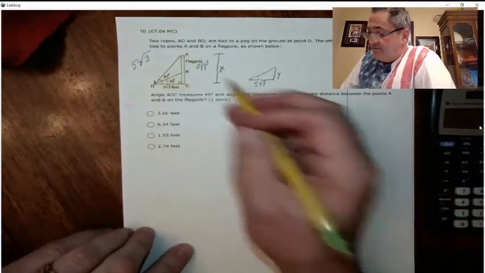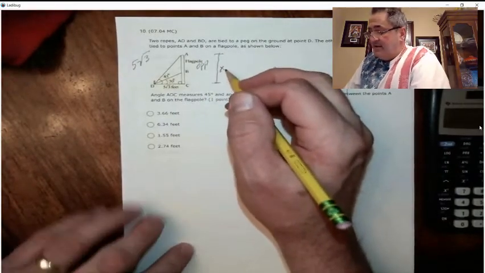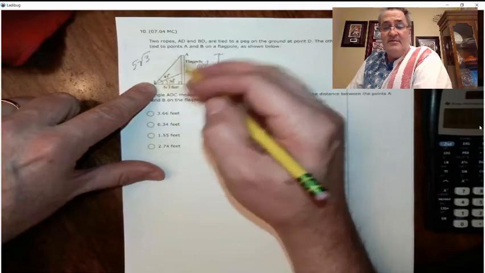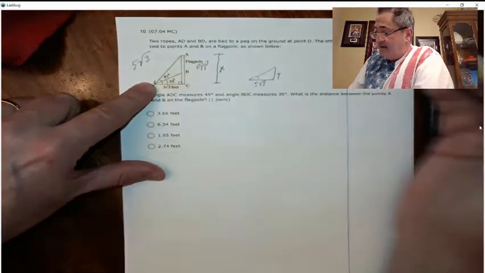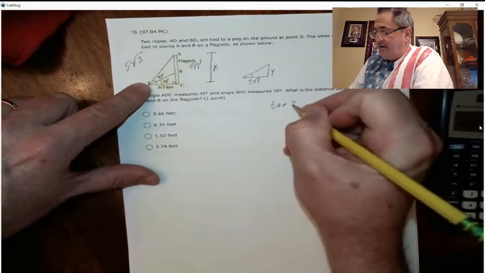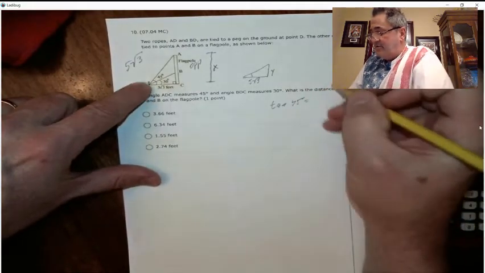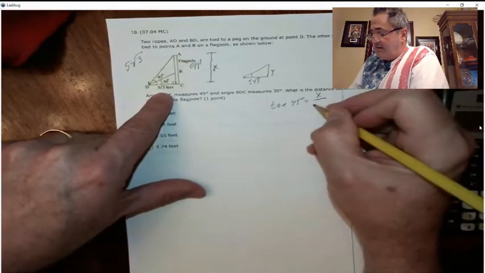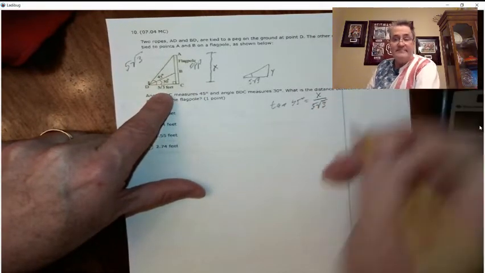So let's see the big one. What is X? Opposite and adjacent. We're not using the hypotenuse on either triangle. Opposite and adjacent, so again we're talking about tangent. The tangent of 45 degrees equals the opposite, which is X, we don't know, over the adjacent, which is 5 times the square root of 3.